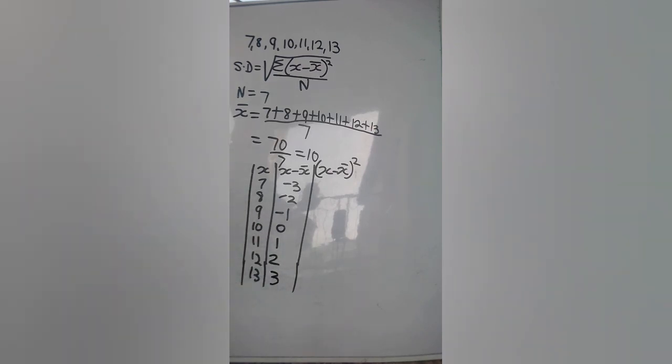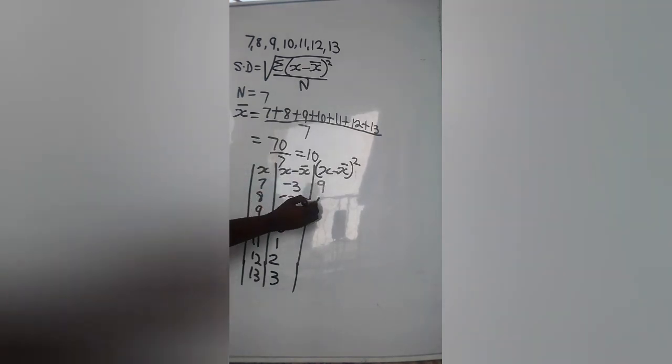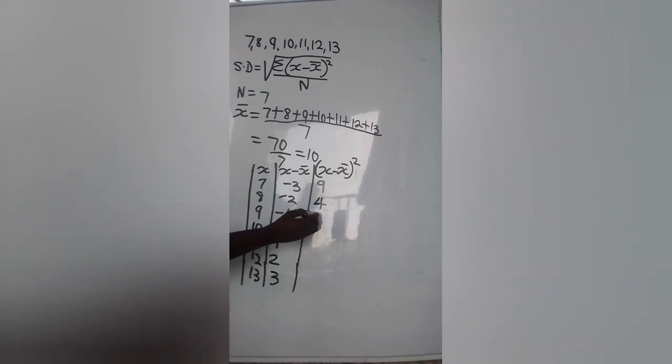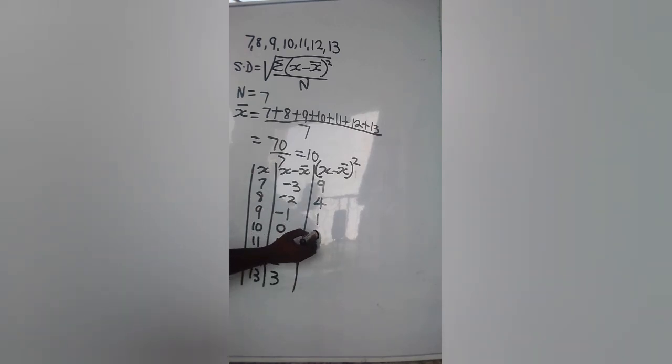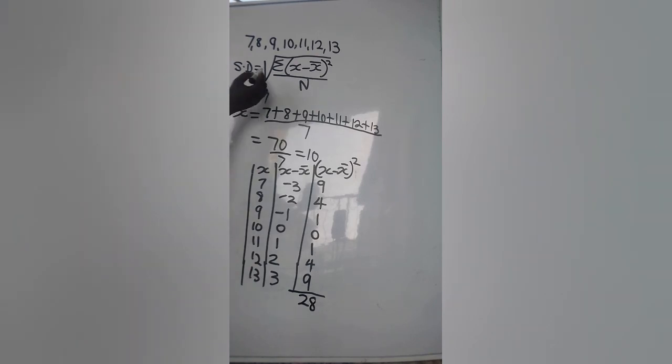We now square them. Minus 3 squared, 9. Minus 2 squared, 4. Minus 1 squared, 1. 0, 0. 1 squared, 1. 2 squared, 4. And 3 squared, 9. Now when we add these together, we get 28. Since summation means to add them, we have added them.